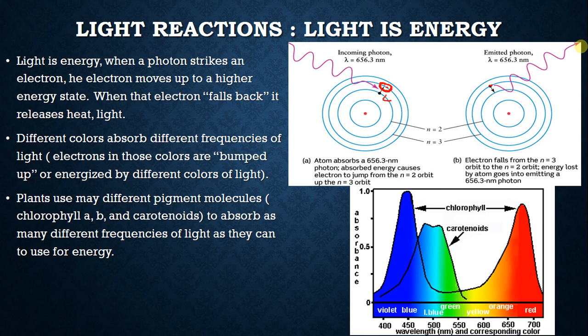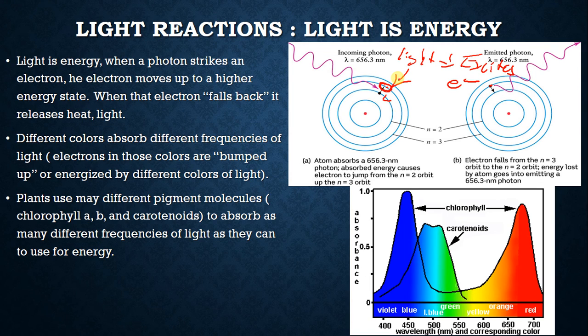Because the molecules in plants will absorb this light energy in the form of excited electrons. So, light excites electrons. Different colors absorb different frequencies of light. So electrons in those molecules are bumped up or energized by different colors of light. Depending on the molecule, it takes a certain frequency of light to energize their electrons.